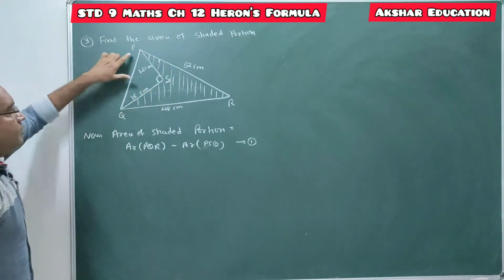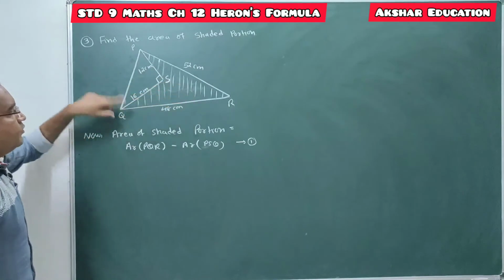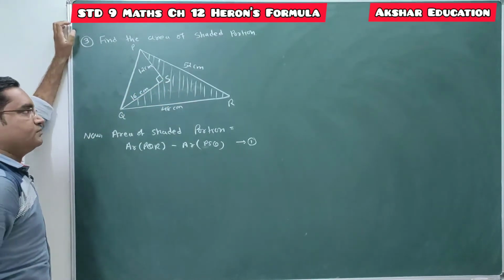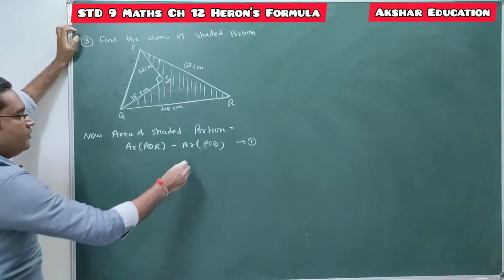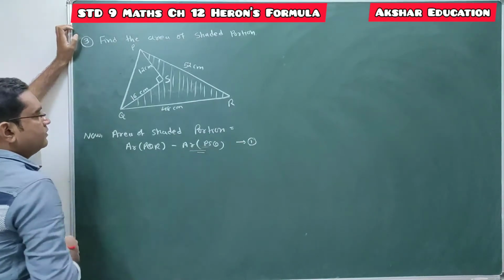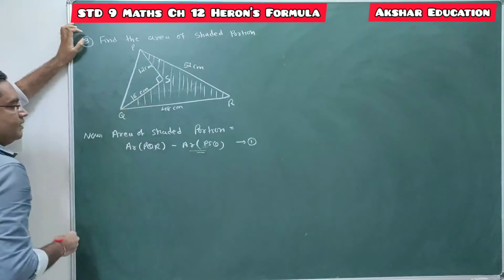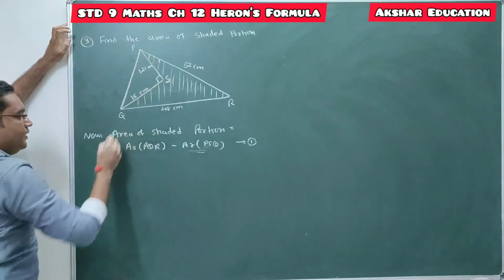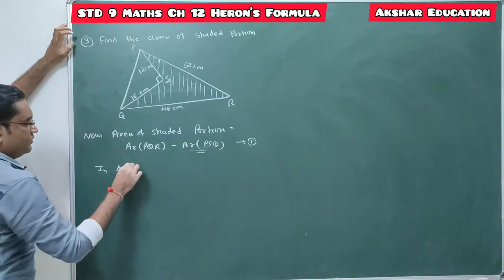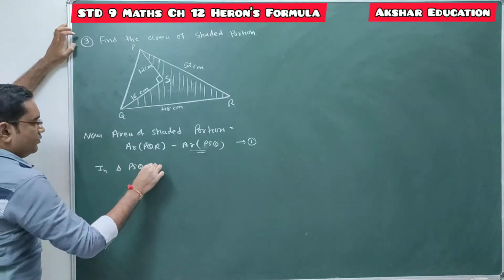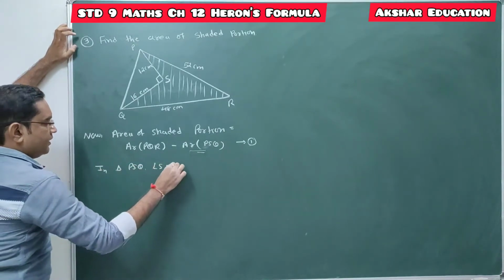We can find the area of triangle PQR by using Heron's formula. Done. So what you have to do? First we have to find the area of this triangle and one side of this triangle. So let's start with the triangle PSQ. So in triangle PSQ, angle S is 90 degree.